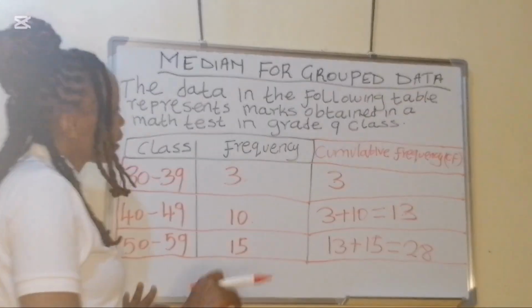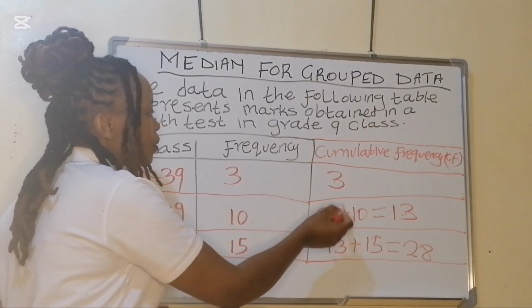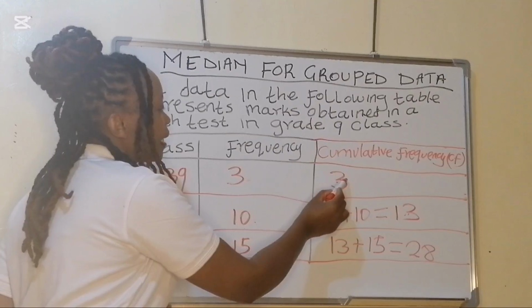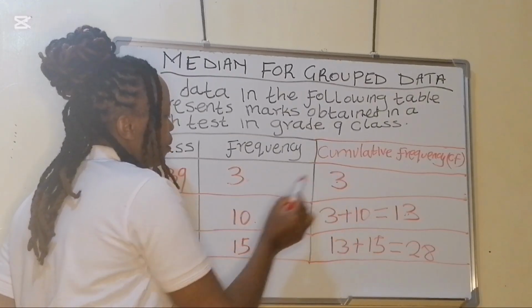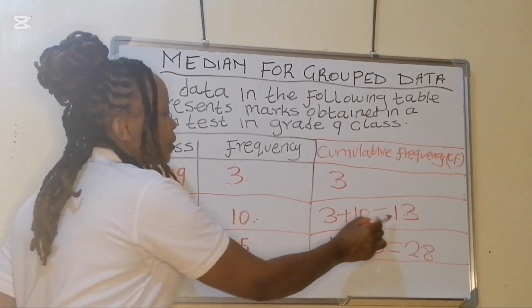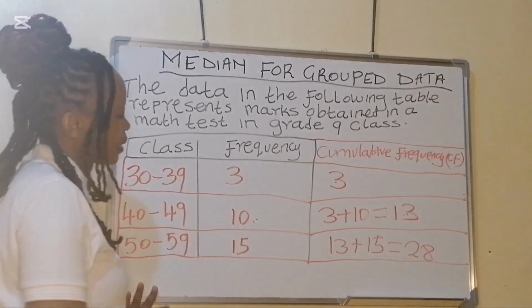Then, when you go to the second row, you add what is in the first row plus what is here. 3 plus 10, you get 13. That's how you calculate cumulative frequency.